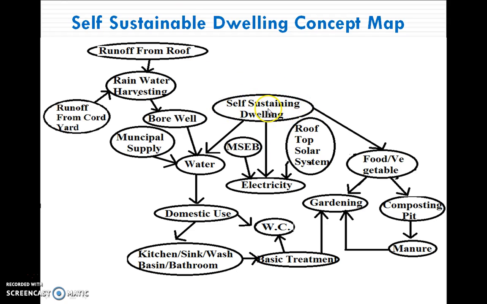Now for self-sustainable dwelling, the requirement of dwelling is electricity, water is the requirement mainly, and if you come to the water, now water is generally supplied by municipal corporation, domestic water supply, or the citizens may be having their own borewell or dug well. The supply comes from that also.